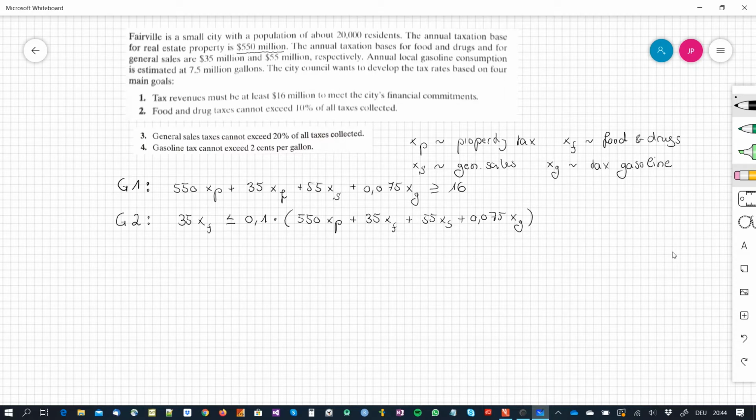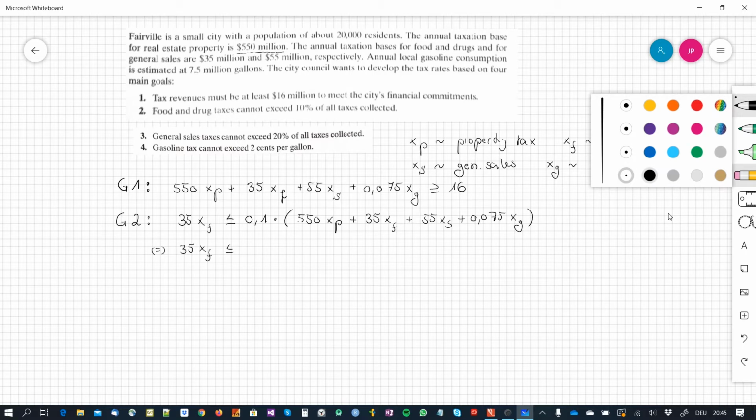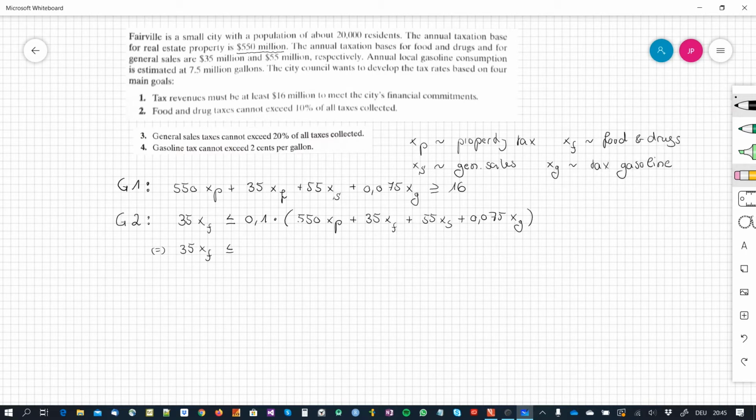So in order to make it a little bit more simple for us to put it into Excel, for instance, we reformulate the constraint using some algebra. So first we want to reformulate the constraints so that we can have an easier way of putting it into Excel. And we want to lose the brackets first of all, and we multiply every term in the brackets with 0.1.